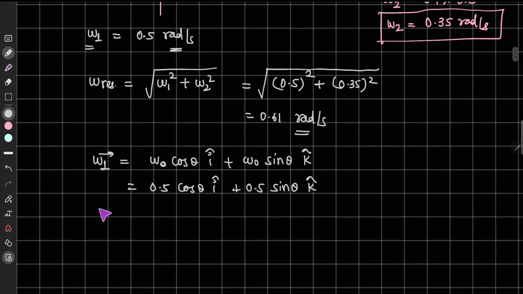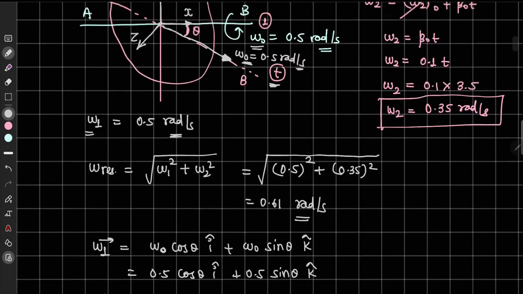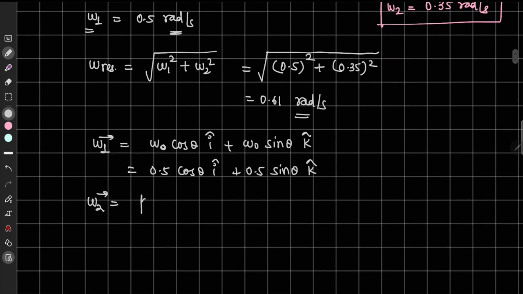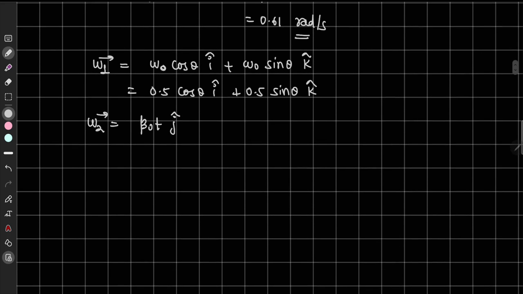Okay, and omega 2 we have found out at the time instant of t, that is equal to beta naught into t j cap. So if we write down the angular acceleration, we can write it as d by dt of the total angular velocity, that is equal to d by dt of omega 1 vector plus omega 2 vector.